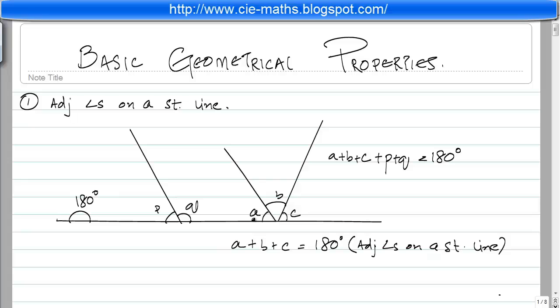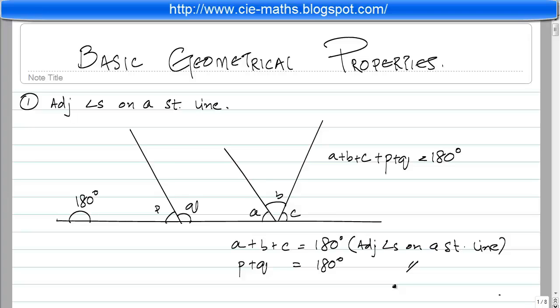A point would be where the angles A, B and C are, or another point would be P and Q. So a correct equation would be P plus Q is equal to 180 degrees separately, and A plus B plus C is equal to 180 degrees, even though they are on the same straight line, but they are at two different points.